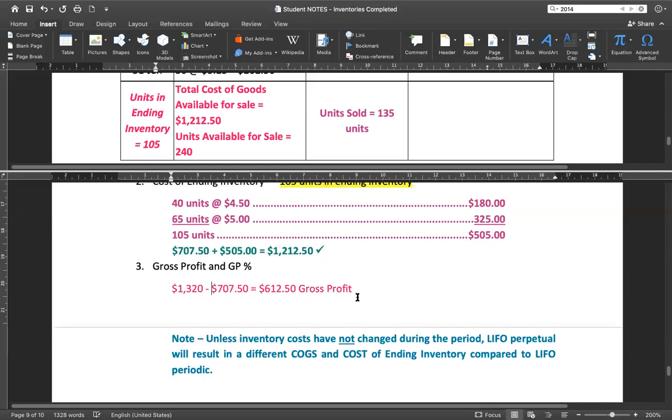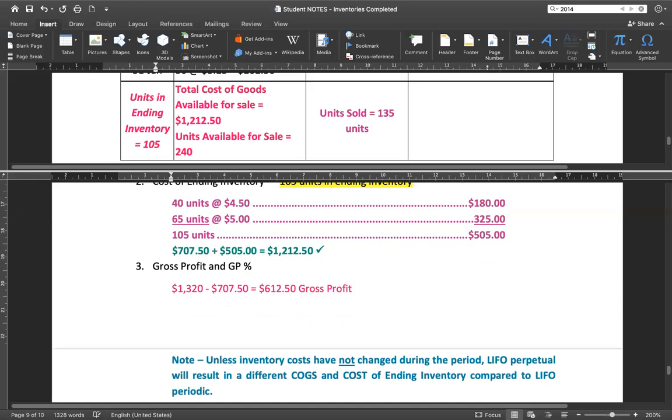Okay, so now what we're going to take a look at here is the gross profit percent. And the gross profit percent is going to be 612.50 divided by 1320. And that will give us a gross profit rate of 46.40%.